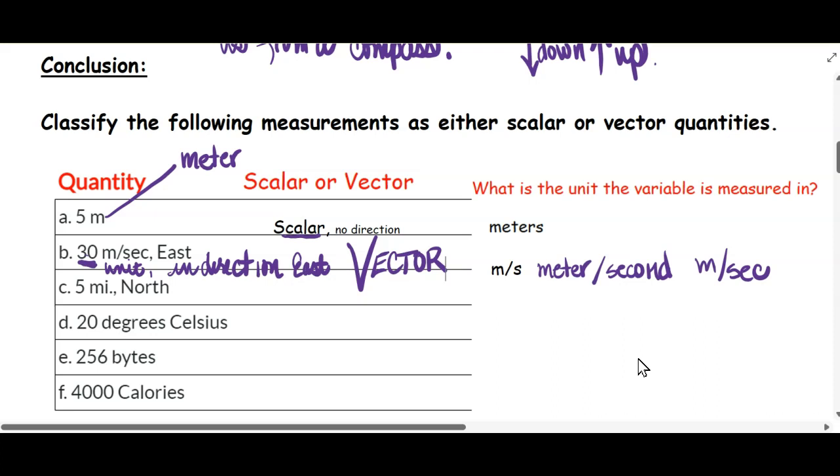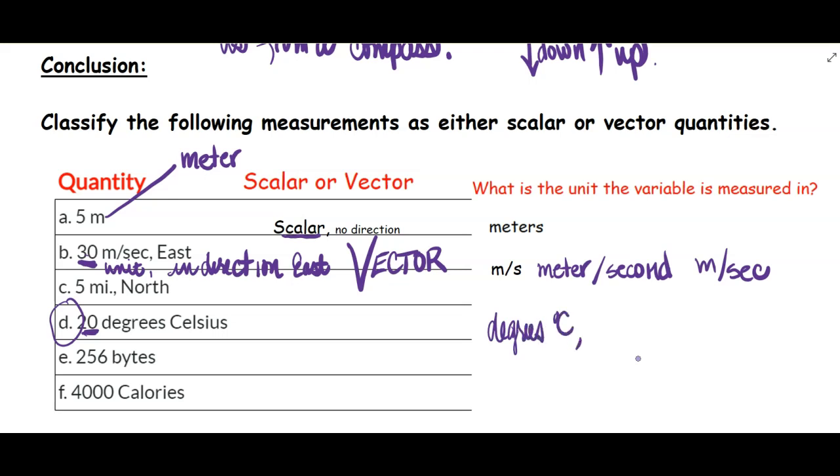So the units for D, let's look at this one. All right, we're given 20 as our number, degrees Celsius. So I want to show you that degrees Celsius, we also put that way. And when you see it this way, I think it's clear that that's just a unit. All right? It's just a unit.